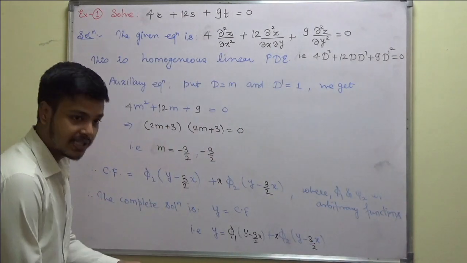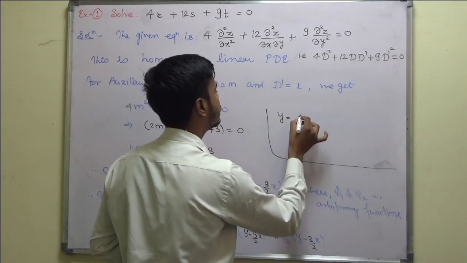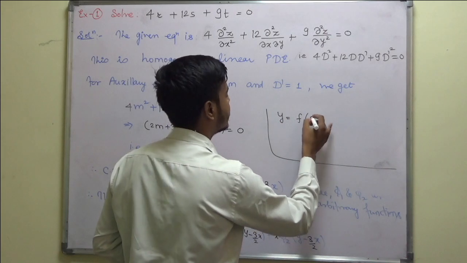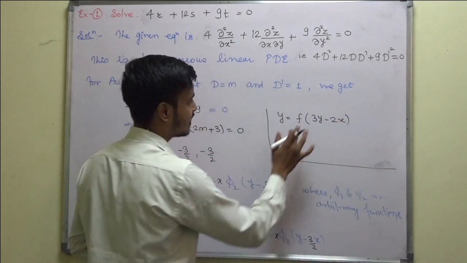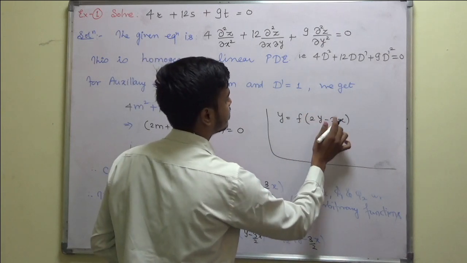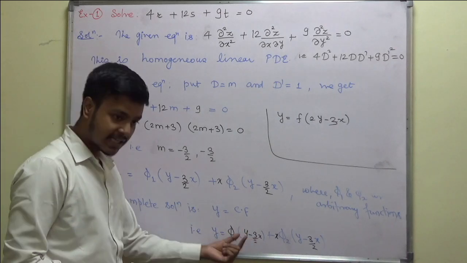We have this complete solution y. Now this y can be written as y is equal to f of (3y minus 2x). Sorry, take the LCM: (2y minus 3x) by 2.